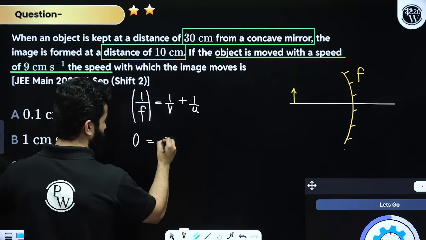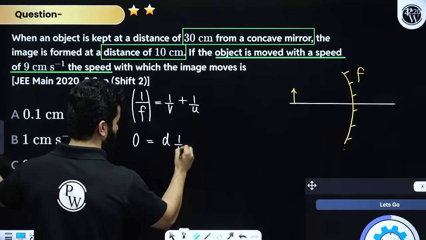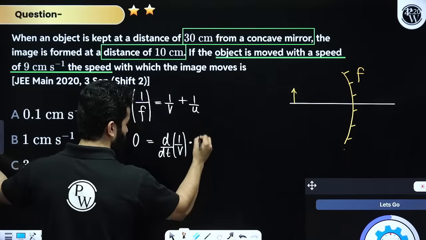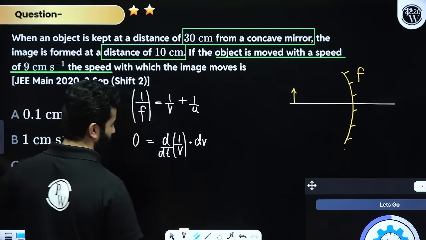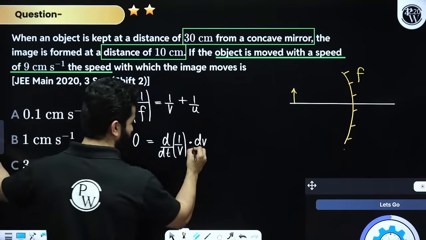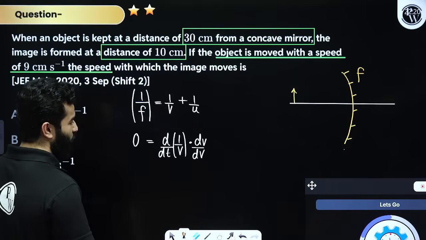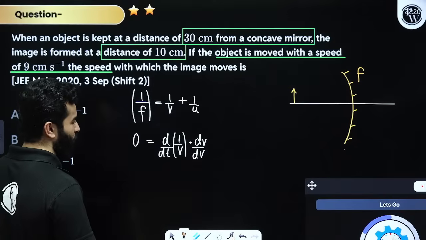So we are going to differentiate 1 upon v with respect to t. For this we'll have to multiply and divide by dv, only then can we actually do this. Okay? Hopefully this concept is absolutely clear to you.